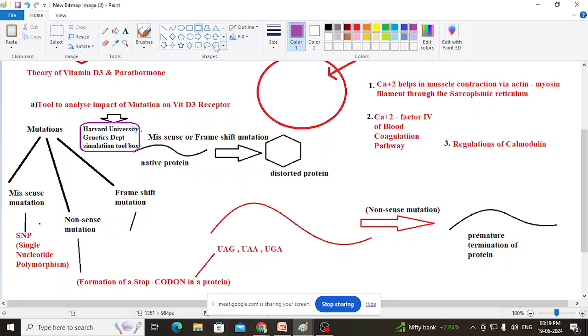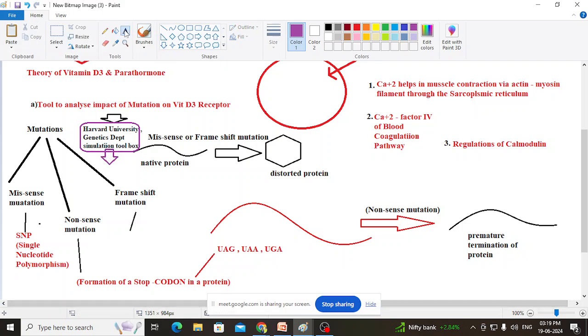Now I want to discuss a little bit more on this tool. An interesting feature of this tool is that it is based on a machine learning algorithm.